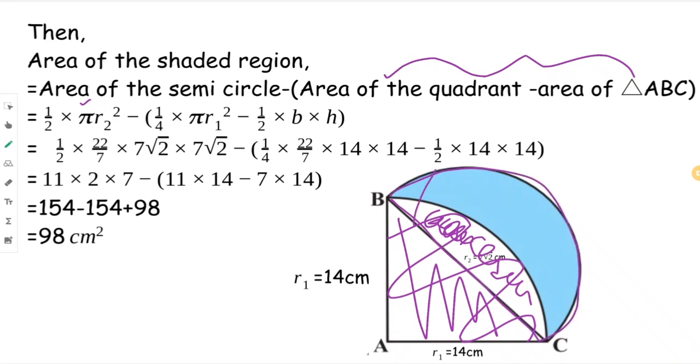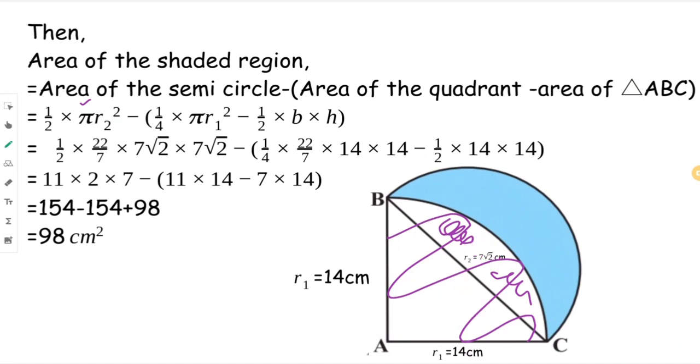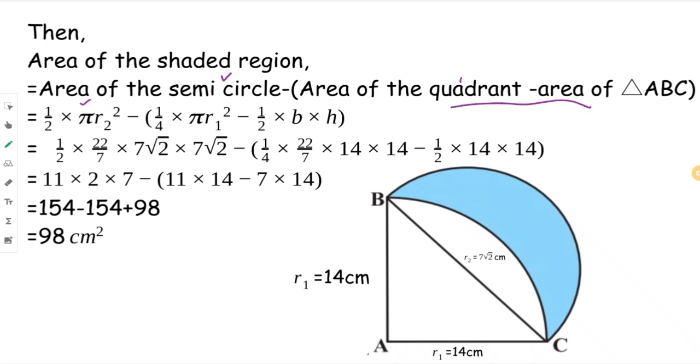Area of the semicircle minus this region here, I'll get the blue region, okay? But here we're going to do everything together, not one after the other like that. That is why you can see here area of the semicircle minus area of the quadrant minus area of triangle ABC, because when I subtract these two, I'll get this region, right? I just have to simply subtract it from the area of the semicircle. So we're doing it directly here, right?